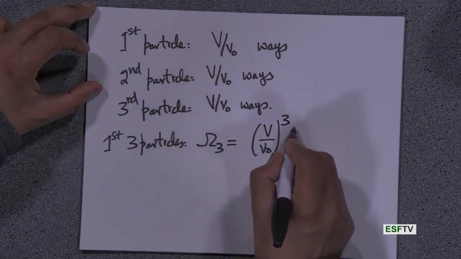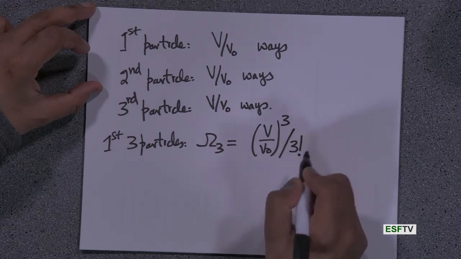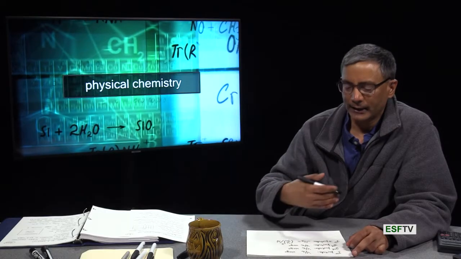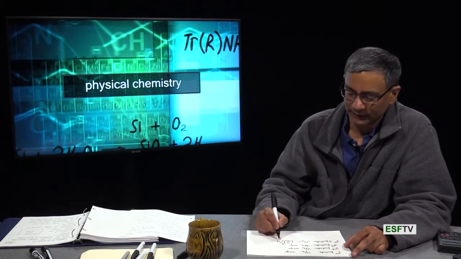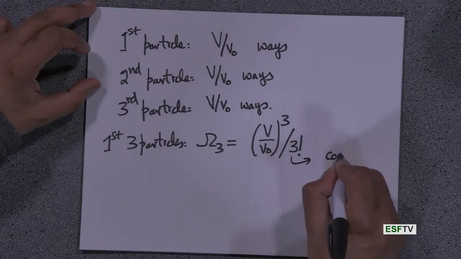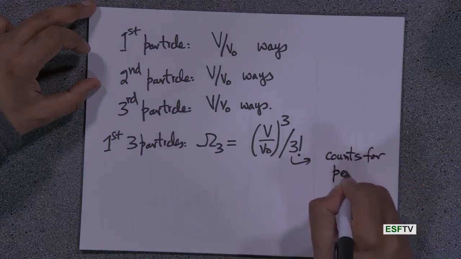Not quite done yet. We have to divide by 3 factorial because the particles are all identical and indistinguishable, and we can switch them, we can swap them around among each other without noticing the difference. Counts for permutations.